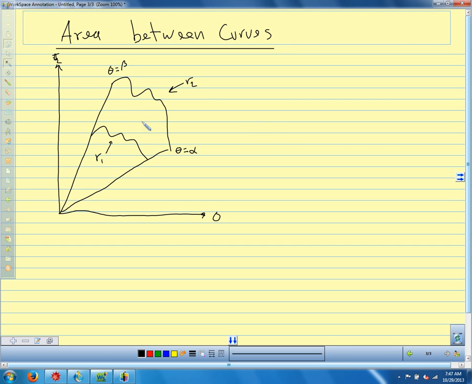So our area is just the area between these two curves, just like we might expect. Our area is 1/2 the integral from alpha to beta of R2 squared d theta minus 1/2 the integral from alpha to beta of R1 squared d theta. So we're just subtracting the two, the big circle minus the little circle.